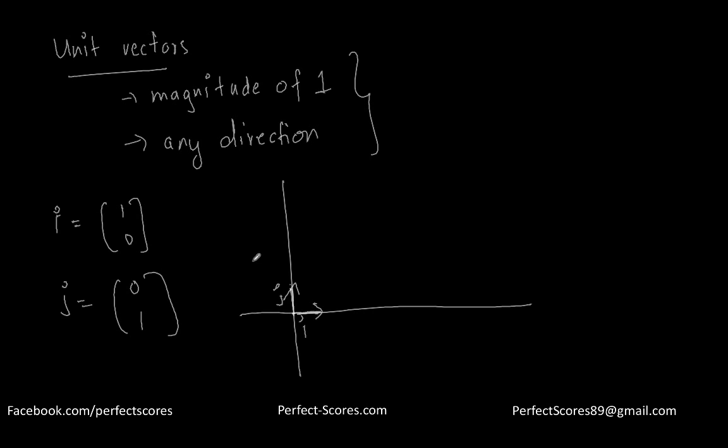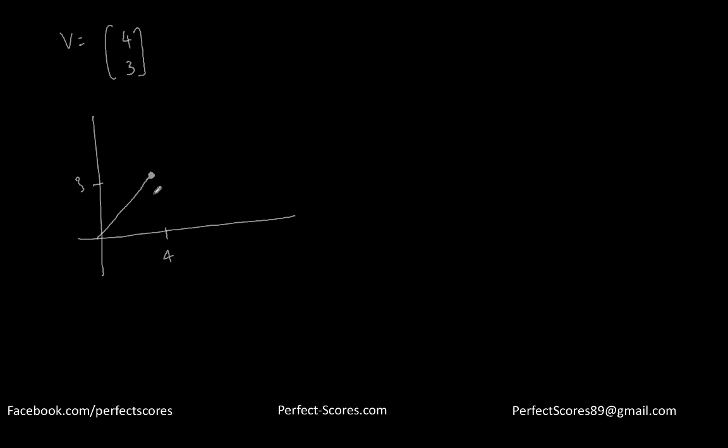Now how is that? So what you can do is you can actually convert any vector into its unit vector. So how is that possible? Let me say, for example, if you have a vector, let's suppose vector v, it's 4 and 3. So if vector v is 4 and 3, that means this is 4 and this is 3. That means this is your vector v, which is 4 and 3.